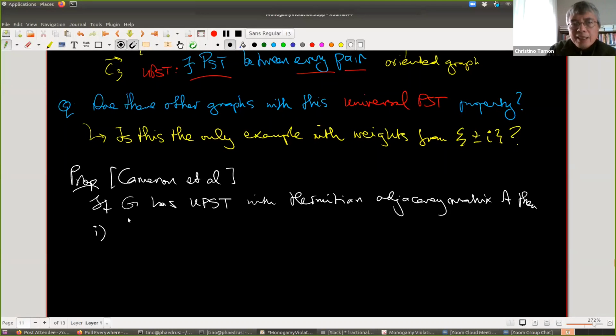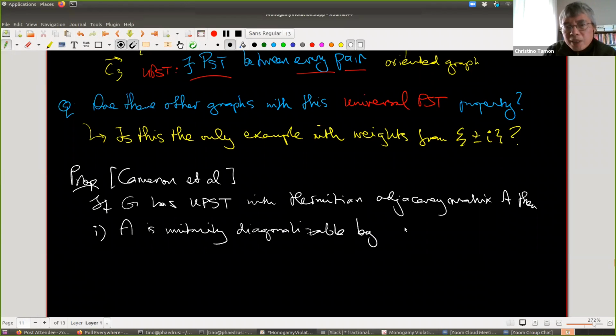One property is that A is unitarily diagonalizable by a flat matrix.